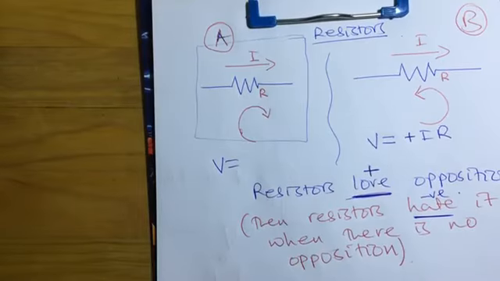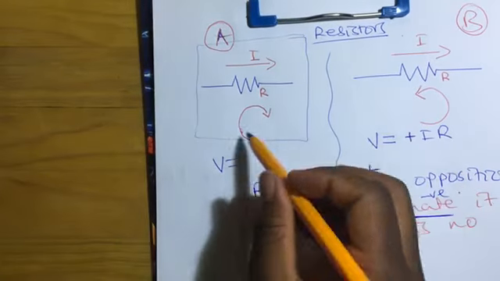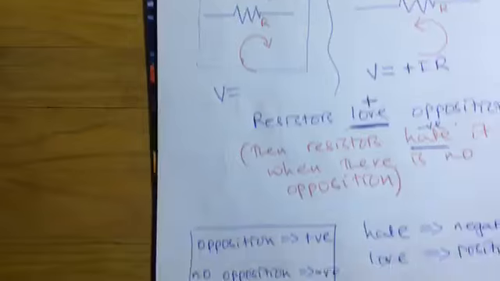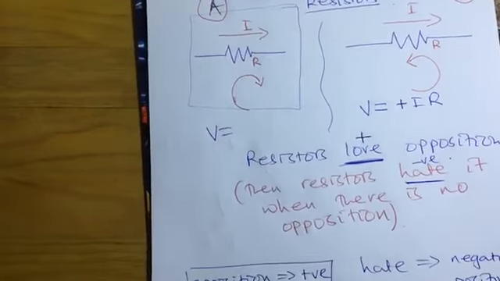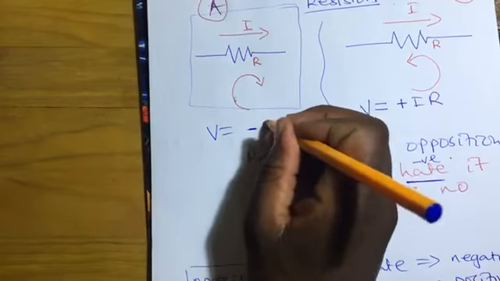You're going to see how we're going to put all these things together. This other voltage is going to be negative, okay? We said if you don't have opposition, then the sign is going to be negative. So this is going to be negative IR.